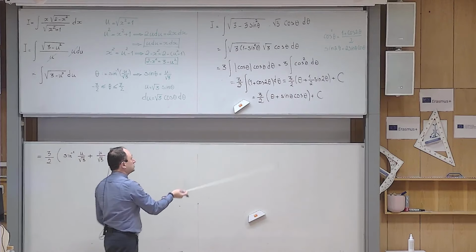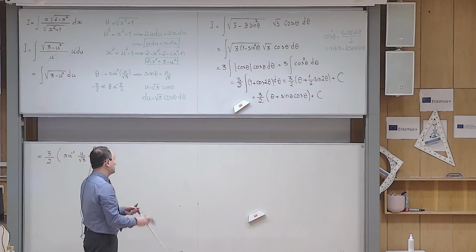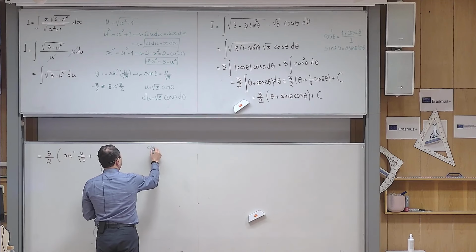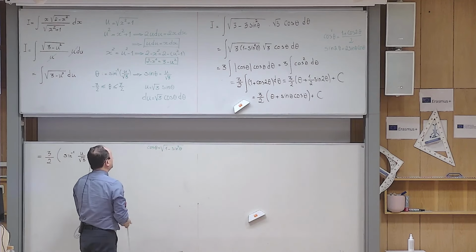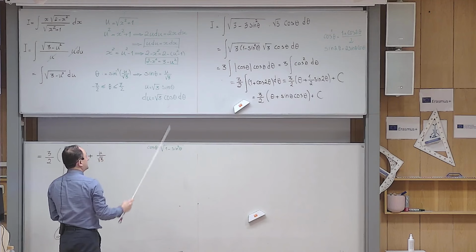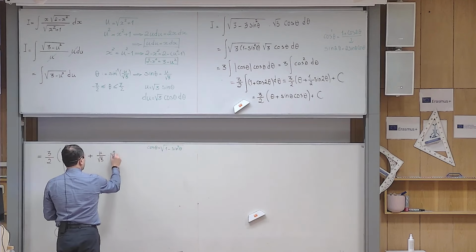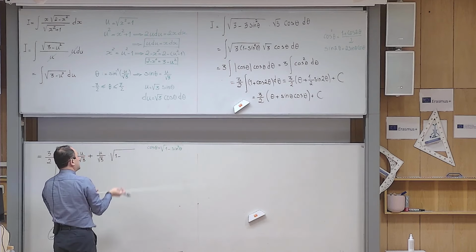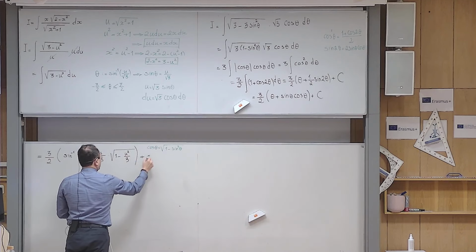Okay, but you know that cosine theta is the square root of 1 minus sine theta squared. And I know that sine theta is this expression, so I put it here. So this becomes multiplied by square root of 1 minus, this expression is squared, it becomes u squared over 3, and then I have my constant c.